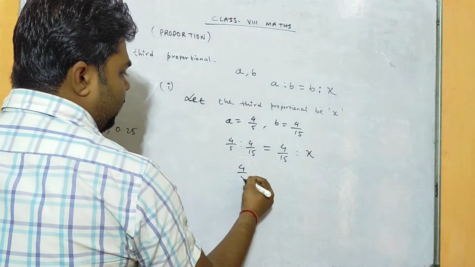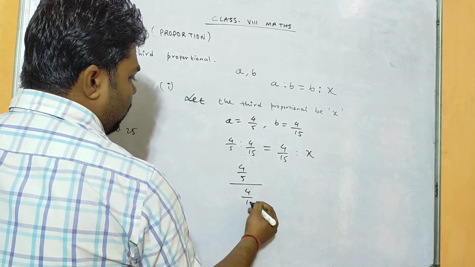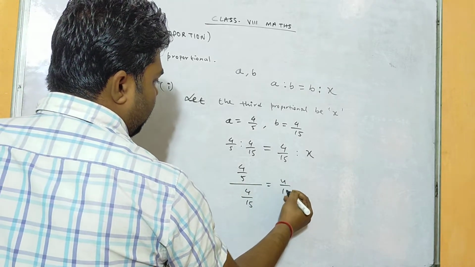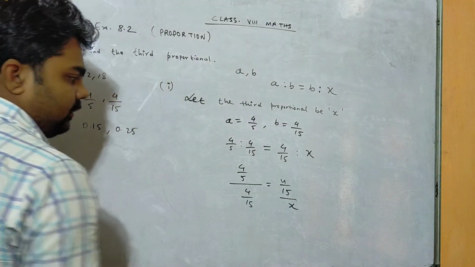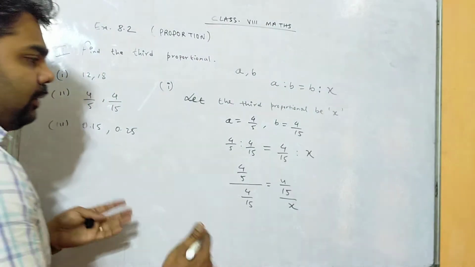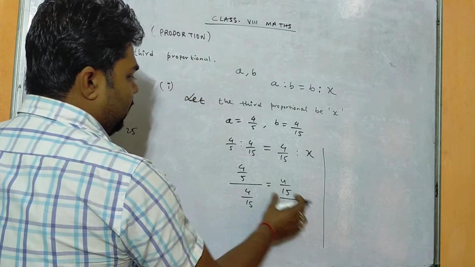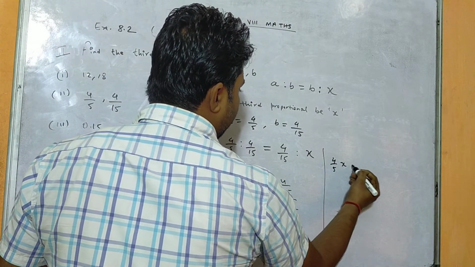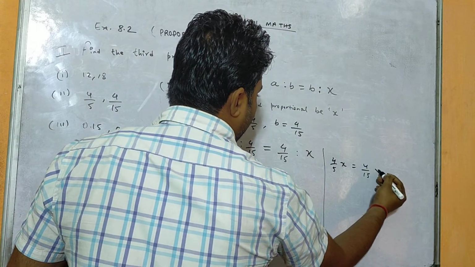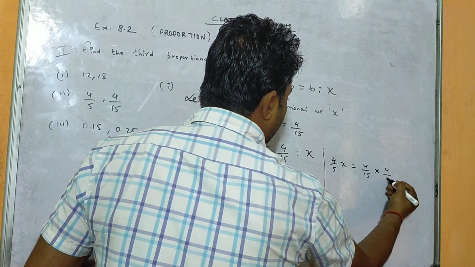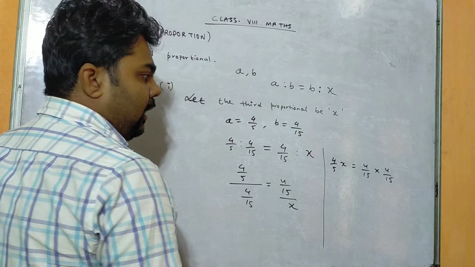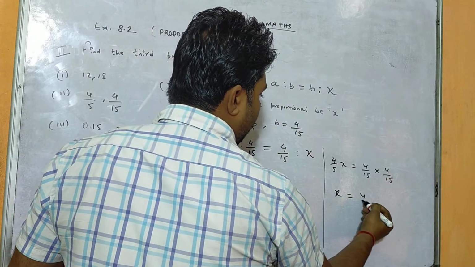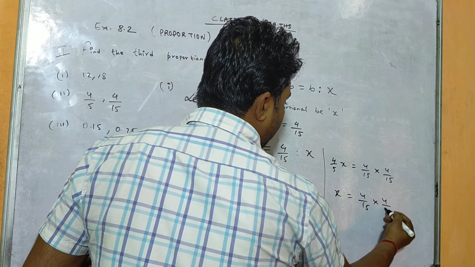So 4 by 5 by 4 by 15 equals to 4 by 15 by x, right? Like in the previous question what I have told, directly we cross multiply. So x into 4 by 5, that means 4 by 5 into x, and 4 by 15 we multiplied with here 4 by 15, right? And after that x equals to 4 by 15 into 4 by 15.